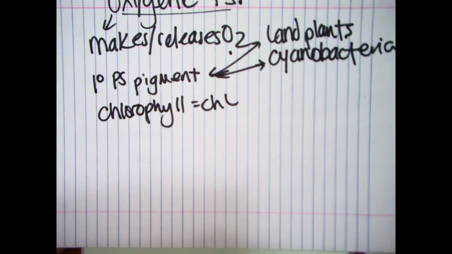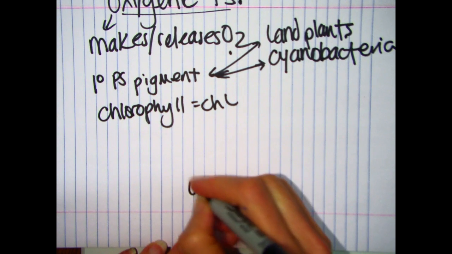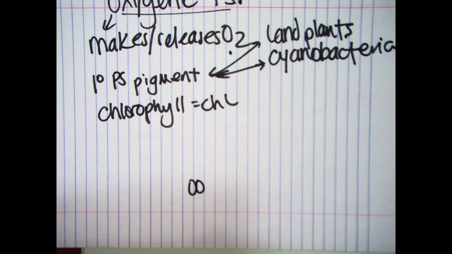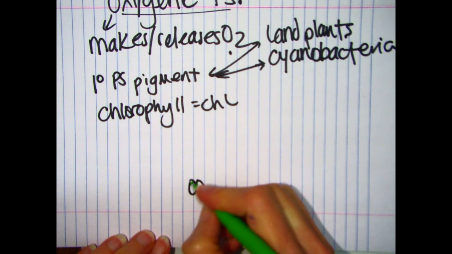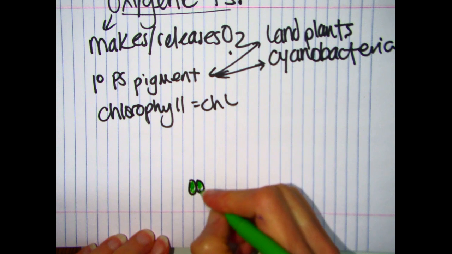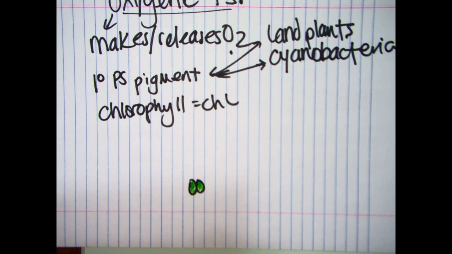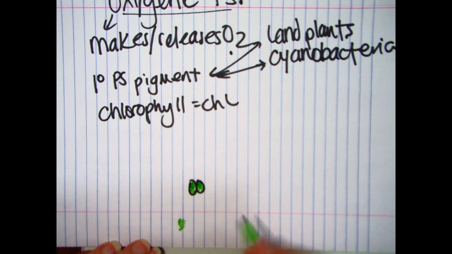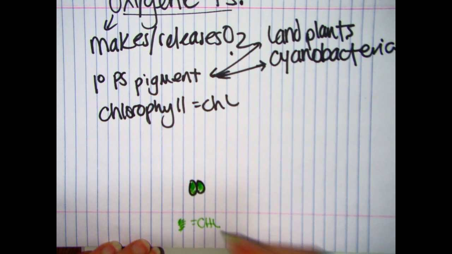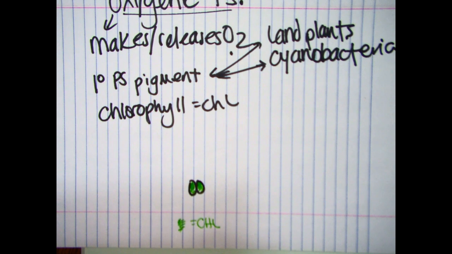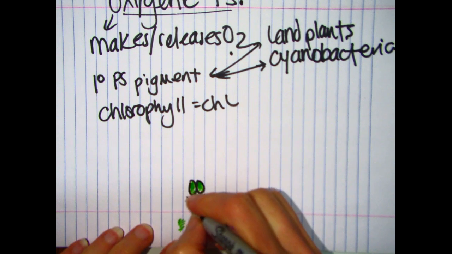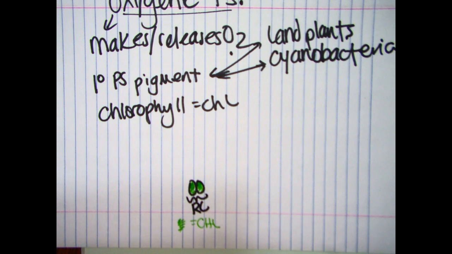Okay, so you might remember from the previous video that the way that light energy is collected is by pigments. And so chlorophyll is the primary photosynthetic pigment. So we're going to have green equals chlorophyll. And so you'll have this pair of molecules of primary photosynthetic pigment, which are called the reaction center.